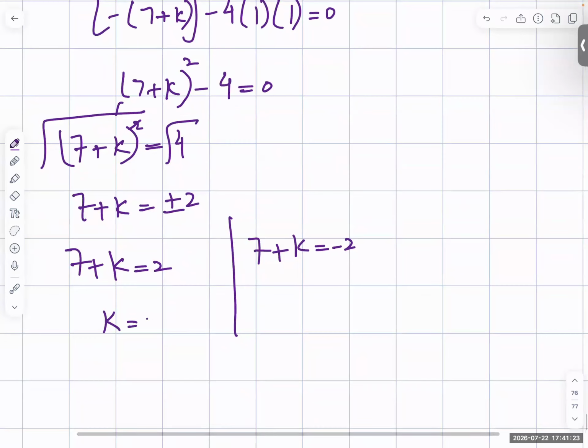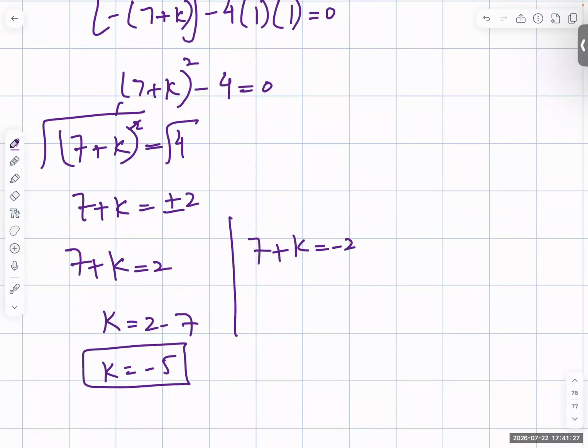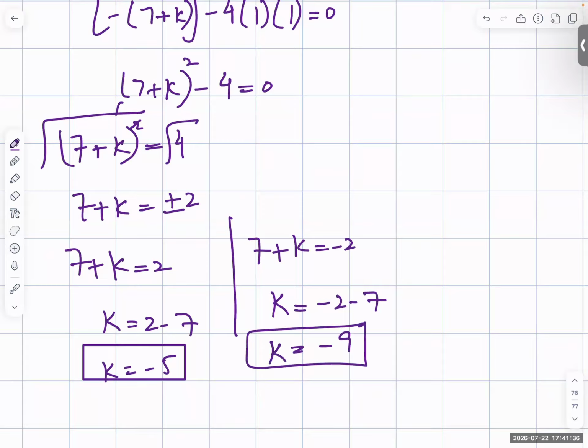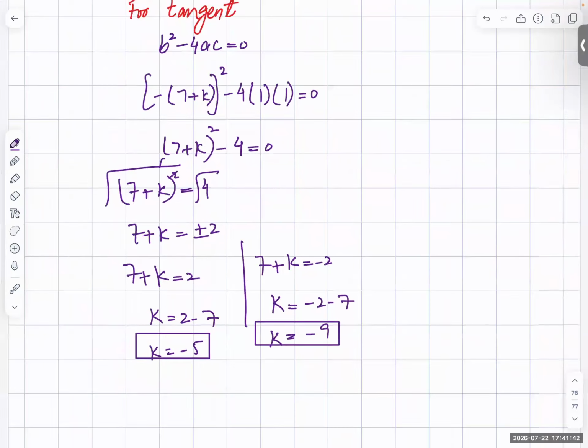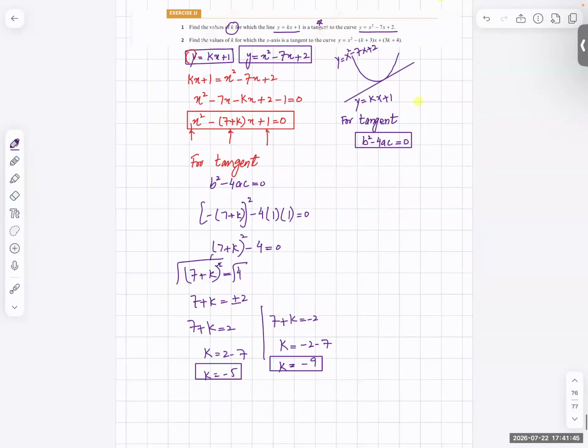So k would be equal to 2 minus 7. This is one possible value of k, right? And then the second one is k is equal to minus 2 minus 7, making it equal to negative 9. That is the second possibility. I hope it's clear. Note it down, please.